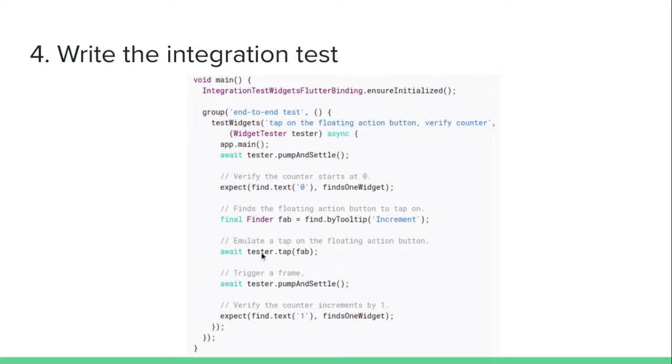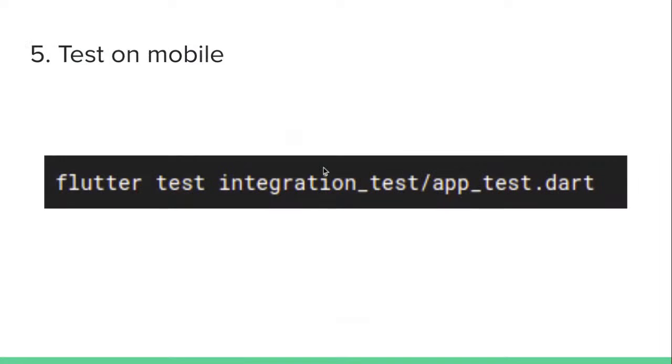So after clicking on it with tester.tap, and after that pumpAndSettle because we need to trigger a frame or we need to know the new result, we will expect the new text is 1. We will verify the counter increments by 1. It was 0 and now its value is 1. So this is in short how to write an integration test.